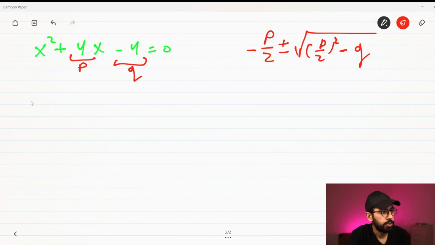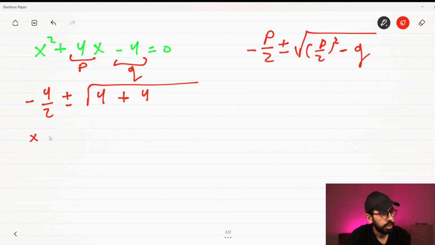Minus P over 2, which is minus 4 over 2, positive or negative, the root of P over 2 squared. 4 divided by 2 is 2, and 2 to the power of 2 is 4, so we have 4 here, and then minus Q, which is minus minus 4, so minus with minus will be positive 4.